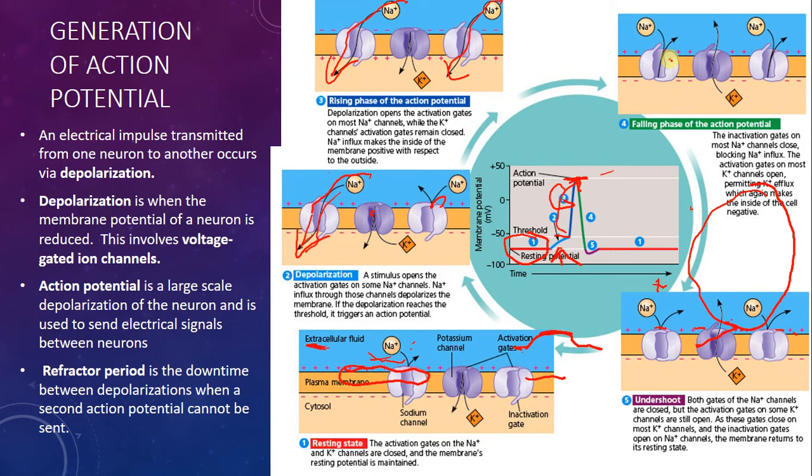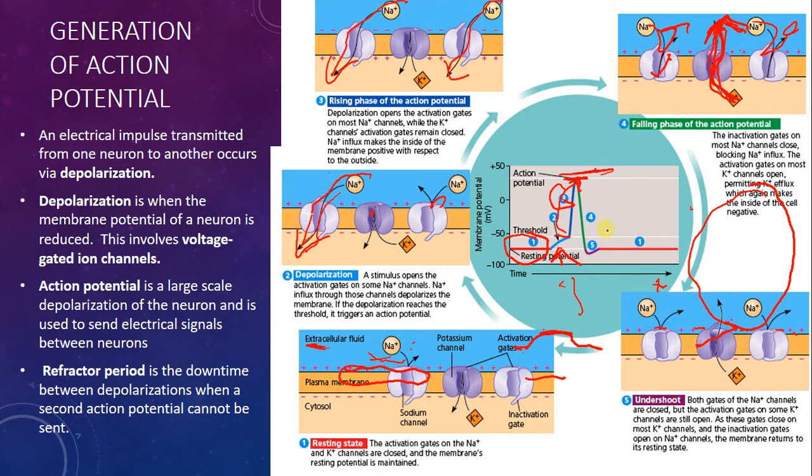So our sodium channels are going to close, no more sodium can get in, and that opens the potassium channel right here. Now positive charge is starting to leak out. No more sodium can get in, but potassium is leaking out down its electrochemical gradient, causing the action potential to fall.